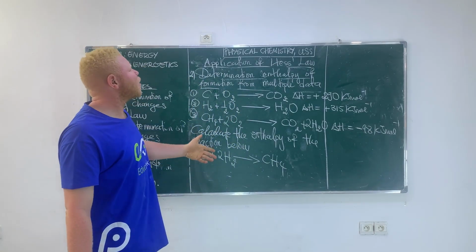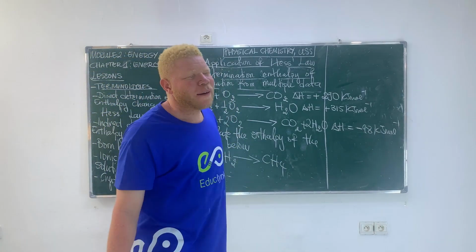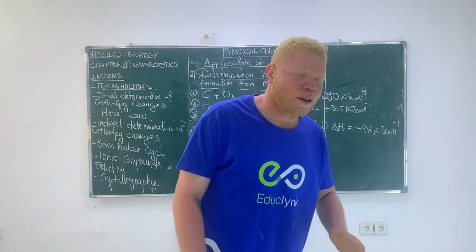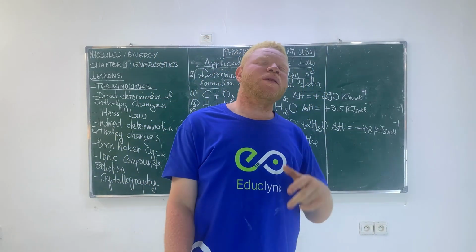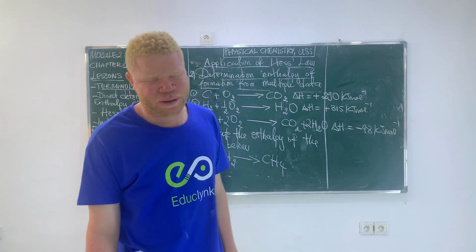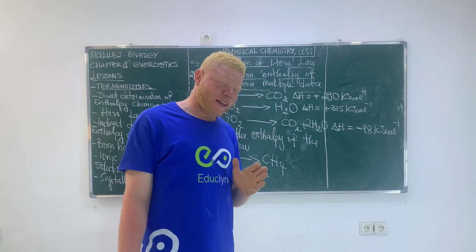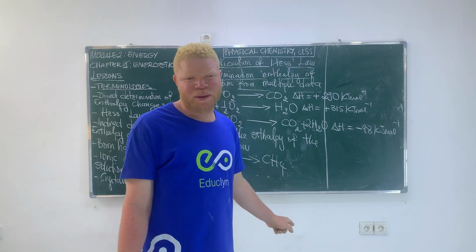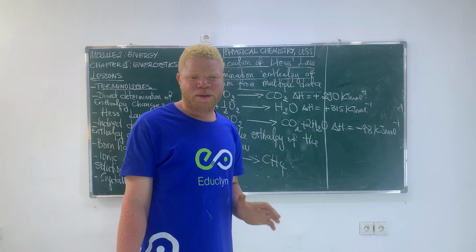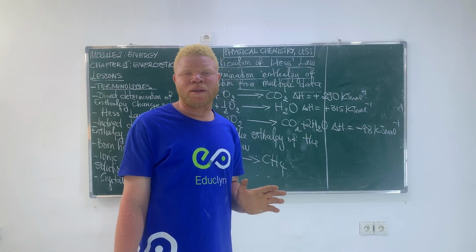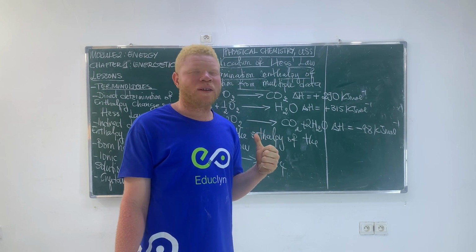This is the final equation that I gave you. It means that at the end, our final equation should be what you see above. That will be the final equation, the one at the very bottom.